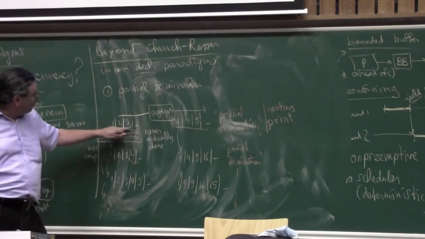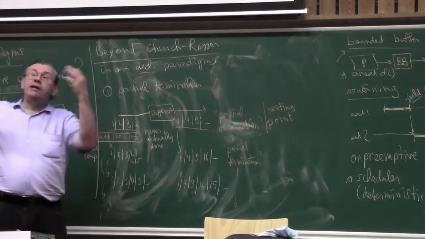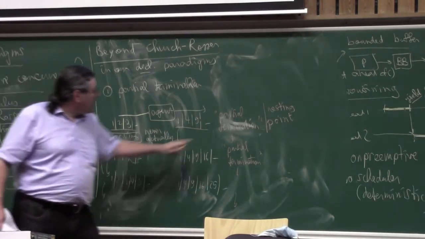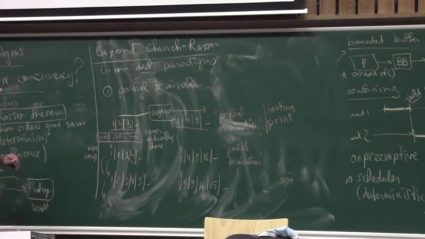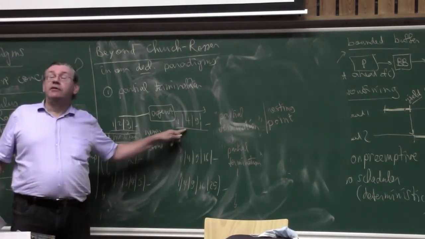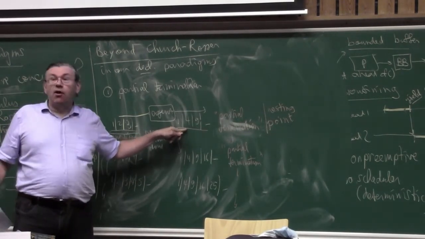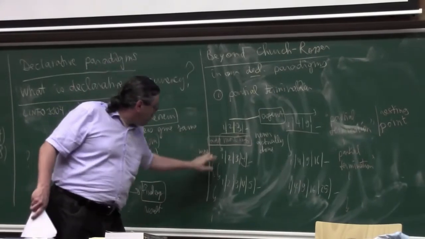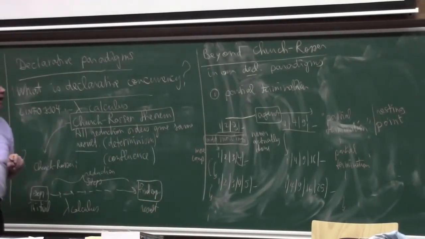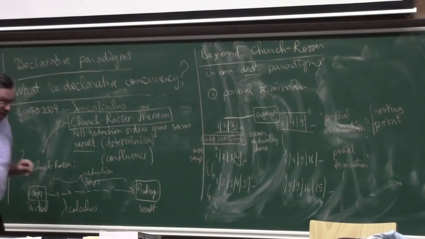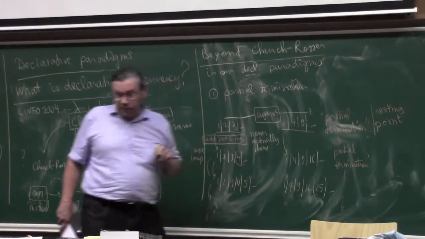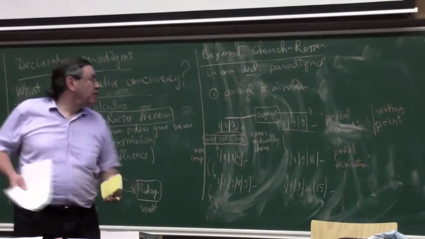You give it 1, 2, 3, it computes, and it's done. Resting point. But I like to call it partial termination because it actually terminates, but not completely, only temporarily. It's like a temporary termination. So for each step of this, Church-Rosser still applies. So this is one way where we're going beyond Church-Rosser. We have this partial termination.